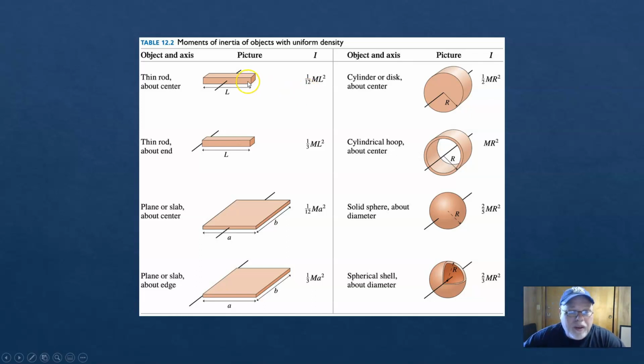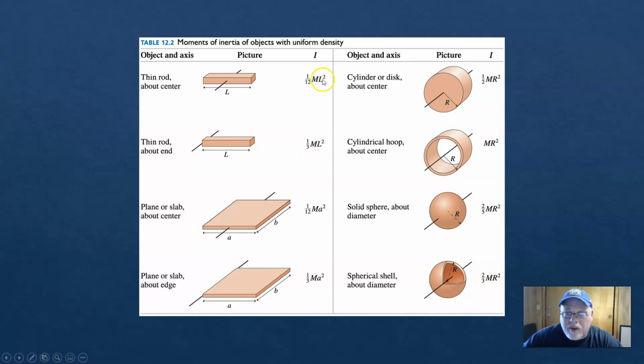What I want to point out, though, is let's look at this thin rod down here. It's the same situation as we have up here, same mass, but now we're going to rotate it around an axis out here. See, this guy's spinning around this axis in the middle. Now this guy's going to spin around this axis that's at the end. Same mass as this one, same length as this one, but look at what the moment of inertia is now. It's 1/3 the overall mass times L squared.